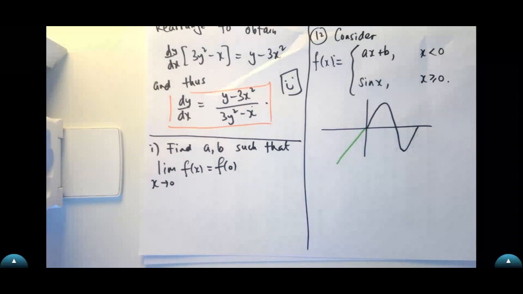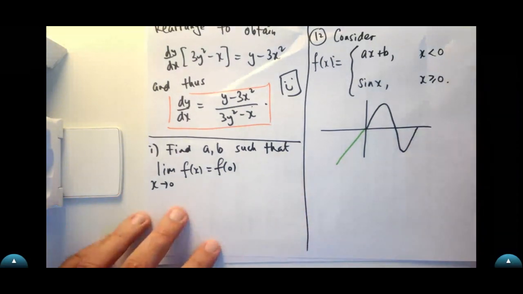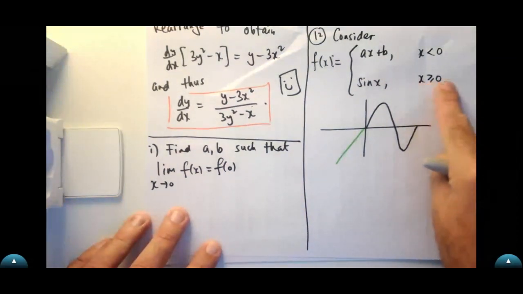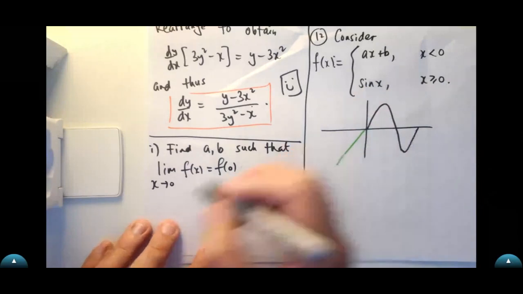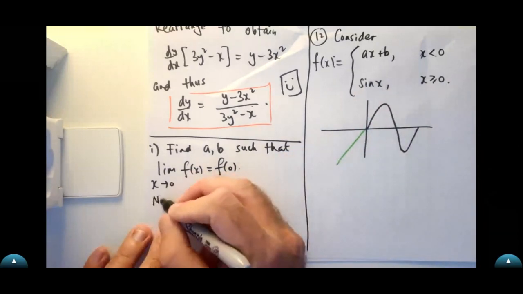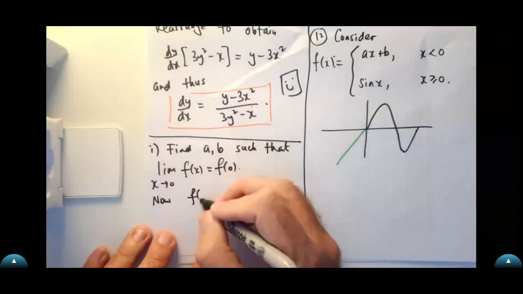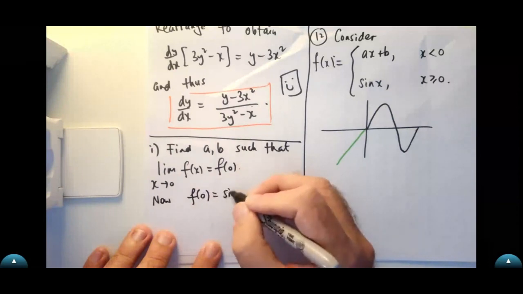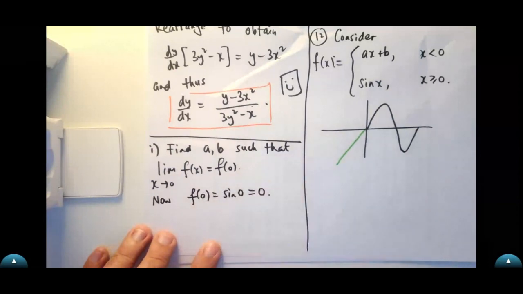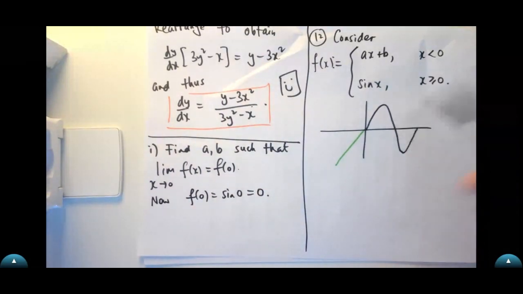So what is f of 0? x equals 0 here, so f of 0 will be sine of 0, which equals 0. You can also work that out from the graph.